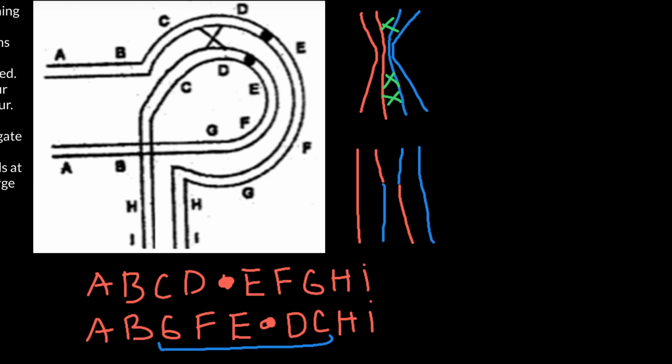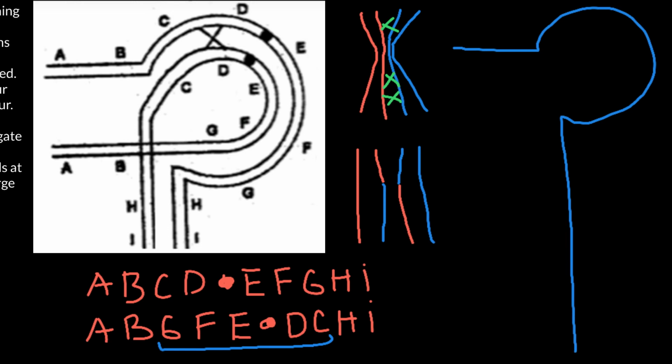So take a look, here's another picture. Imagine that this is one chromosome. On purpose I'm drawing one arm longer than the other one, so you can better understand what happens here. And imagine that this is another one.